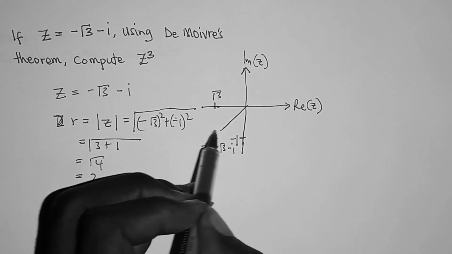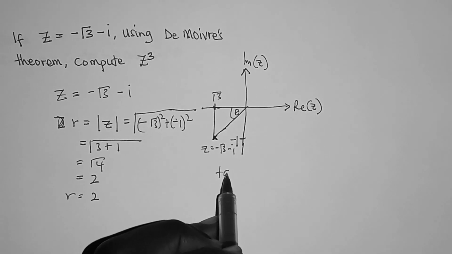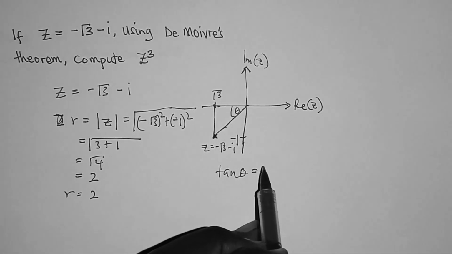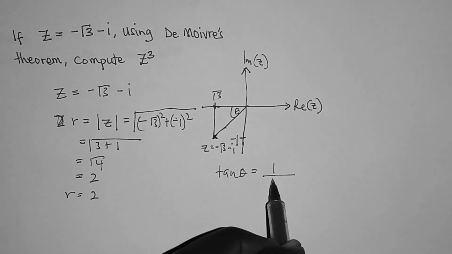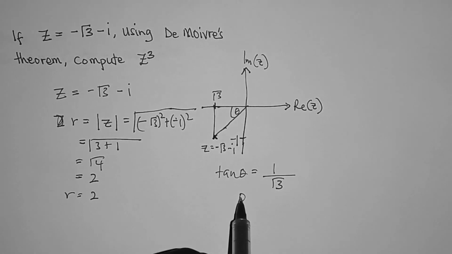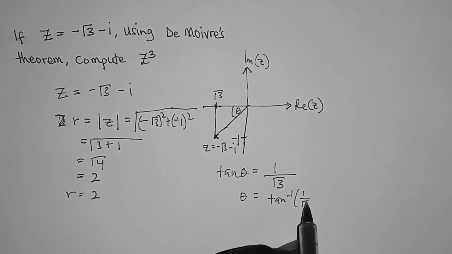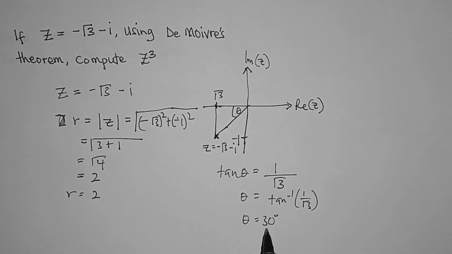If we draw a straight line to this point, you can see that tan theta is equal to the opposite, which is 1, over the adjacent, which is root 3. So theta is equal to tan inverse of 1 over root 3, and therefore theta is equal to 30 degrees. But we need to convert this 30 degrees in terms of radians. So in terms of radians, we need to multiply this by pi over 180 degrees.